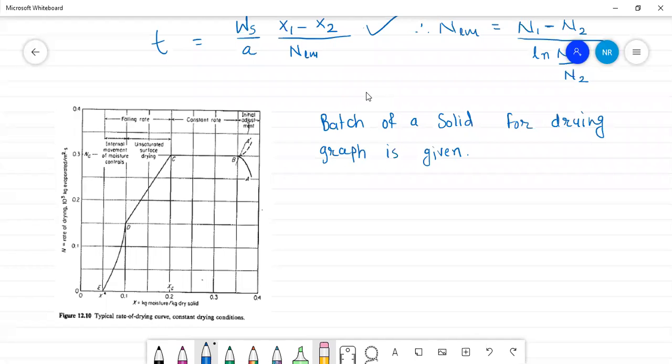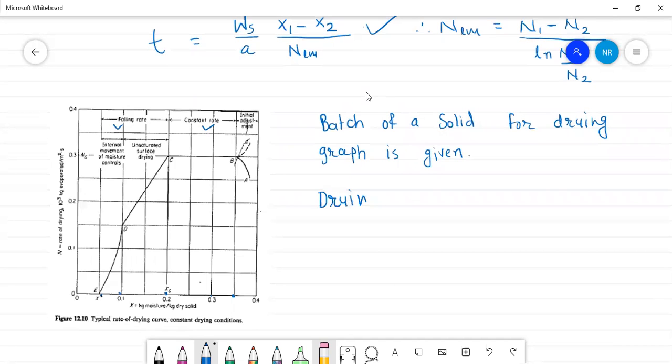So we have a constant rate period, a falling rate period, and different moisture contents. Drying from 25 to 6% moisture.